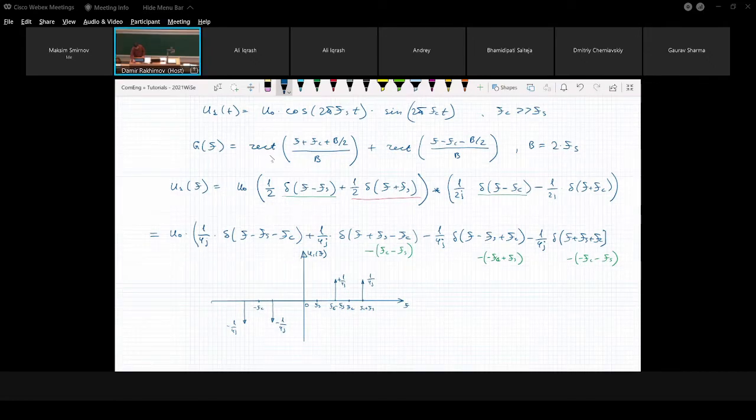So we have rectangular. This is for the case when fc is much larger than fs.